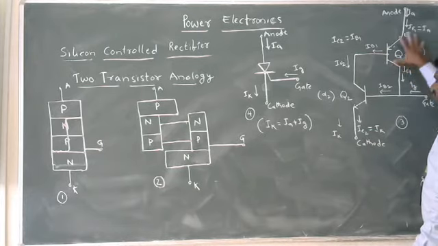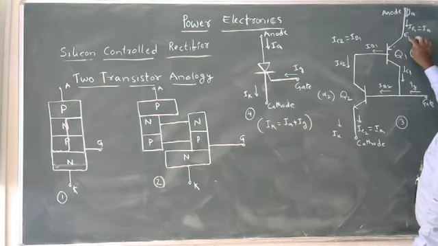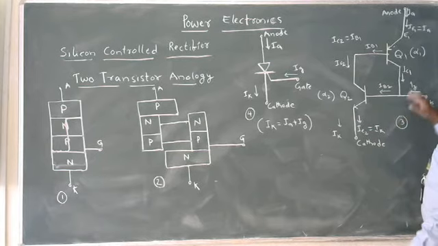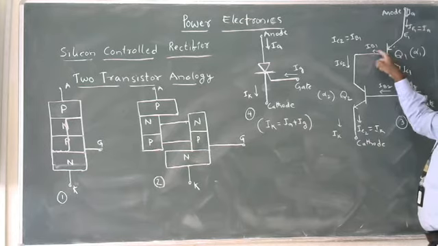The anode current is the same as the emitter current, so IE1 is equal to IA. Current coming out from the collector terminal C1 is IC1, and current from the base terminal is IB1.